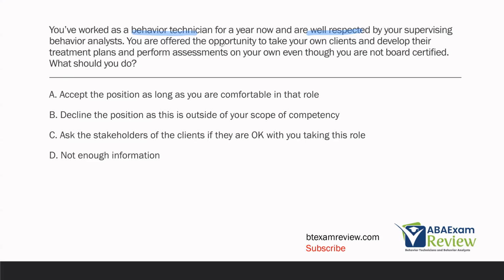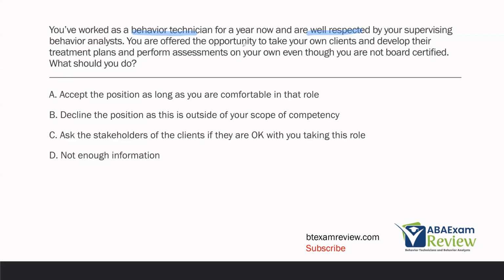Given wait lists and the number of people who need our services, there can be temptation from BCBAs and clinical directors to allow technicians and RBTs to develop treatment plans and take on clients of their own. However, that is not within the competencies or scope of what an RBT is qualified to do.